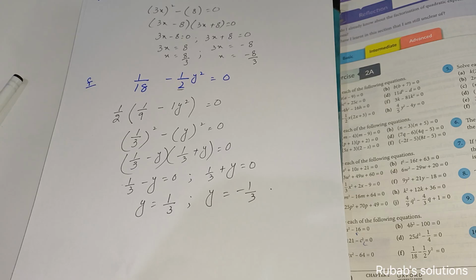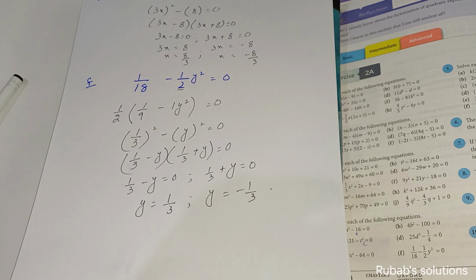Okay, moving towards part D. It is 25d square minus 1 by 4. 25 is the square of 5, and 1 by 4 is the square of 1 by 2. That means you should memorize all the squares and square roots. (5d minus 1 by 2) and (5d plus 1 by 2) is equal to 0. Okay, 5d minus 1 by 2 is equal to 0, or 5d plus 1 by 2 is equal to 0.